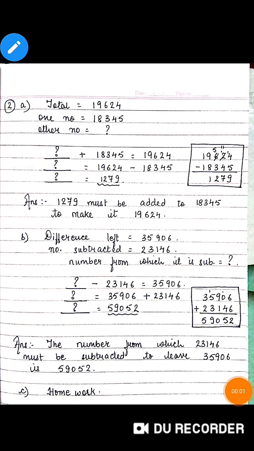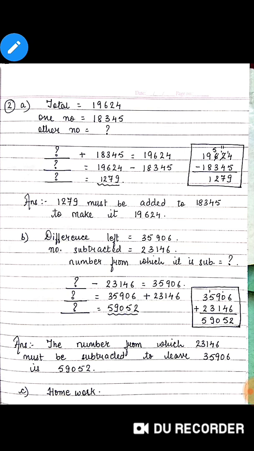Okay, now the next one. What must you add to 18,345 to make it 19,624? So you are adding, that means the total is given to you as 19,624, and one of the add-ins is 18,345.